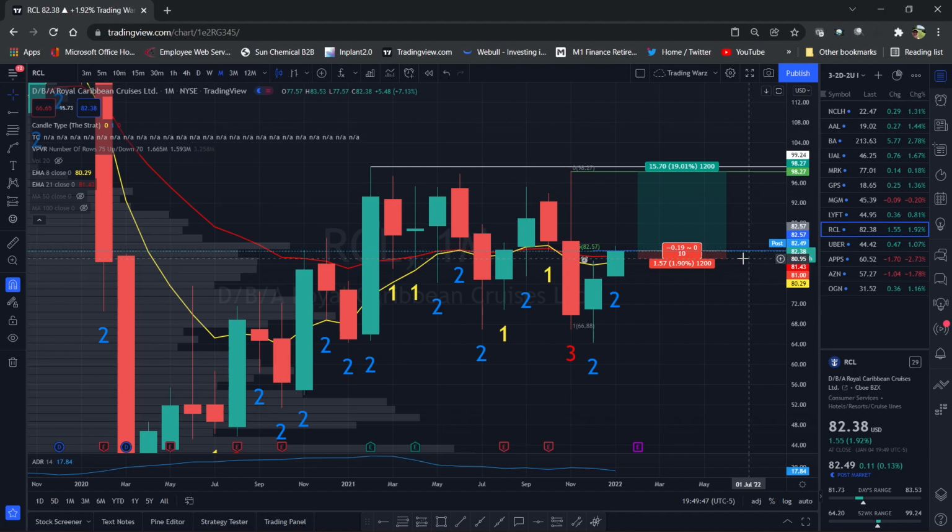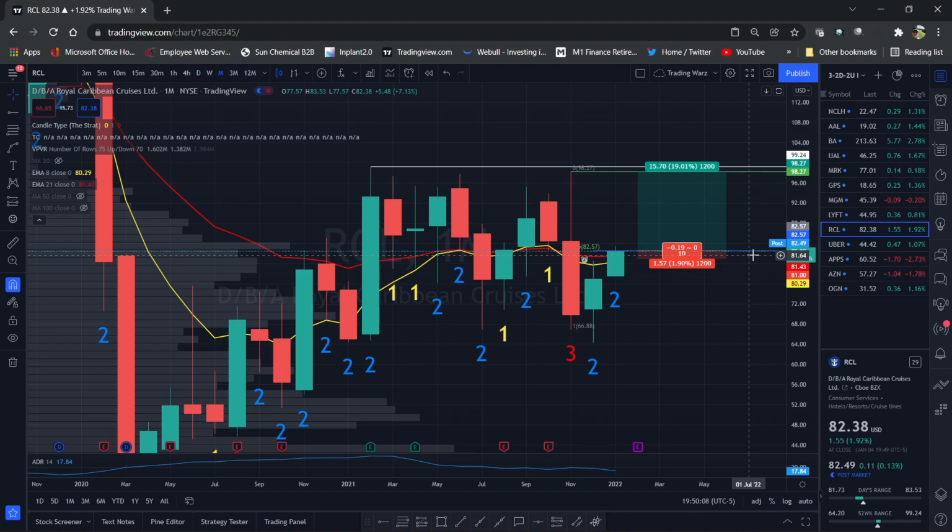As you can see, I don't know if I showed it on others, but for my stops, I usually try to set it at a resistance level or at an EMA level. As you can see, it's right in between the 8 and the 21, where I stop.